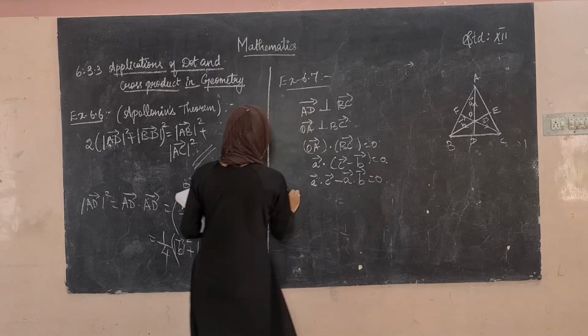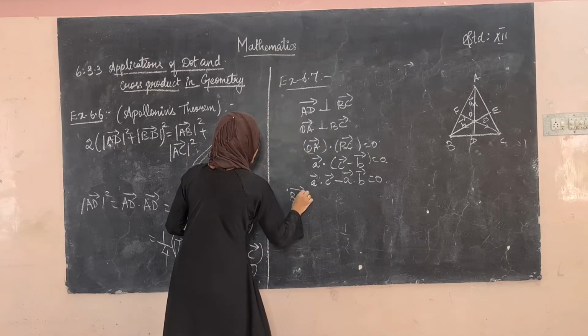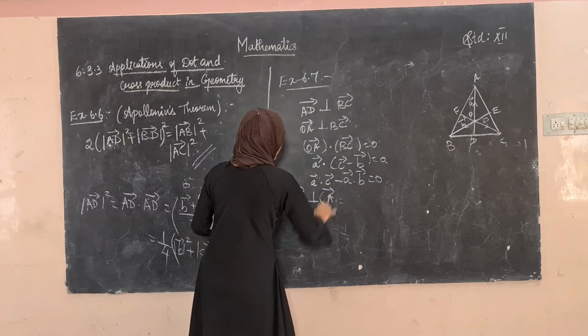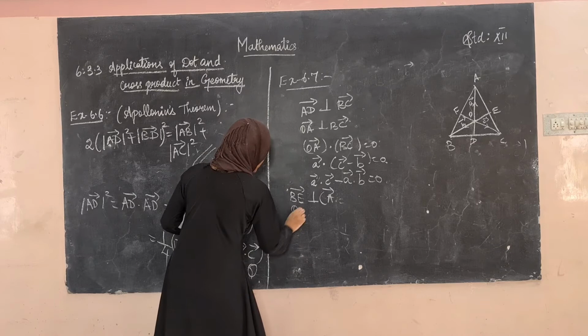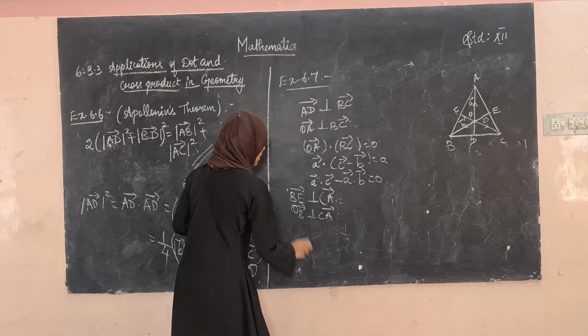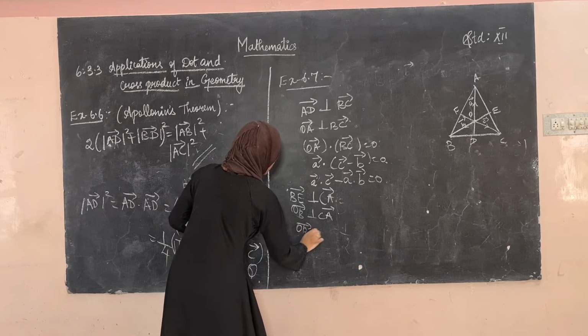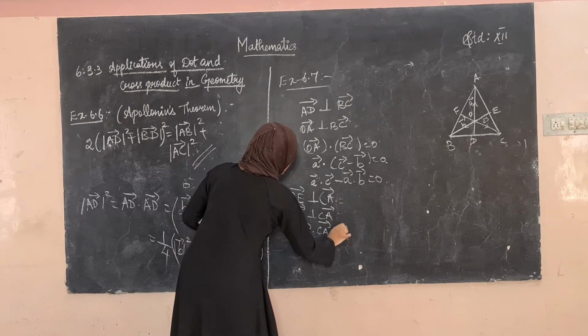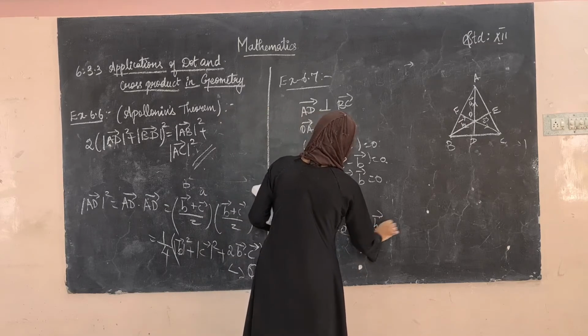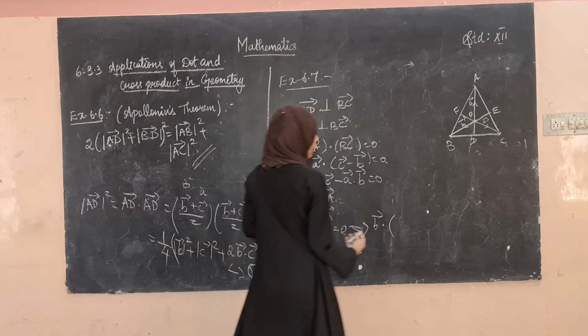Similarly, we know that BE vector is perpendicular to CA vector. Therefore OB vector will be perpendicular to CA vector. That means OB vector dot CA vector equal to 0. What is OB vector? It is B vector dot, what is CA vector?